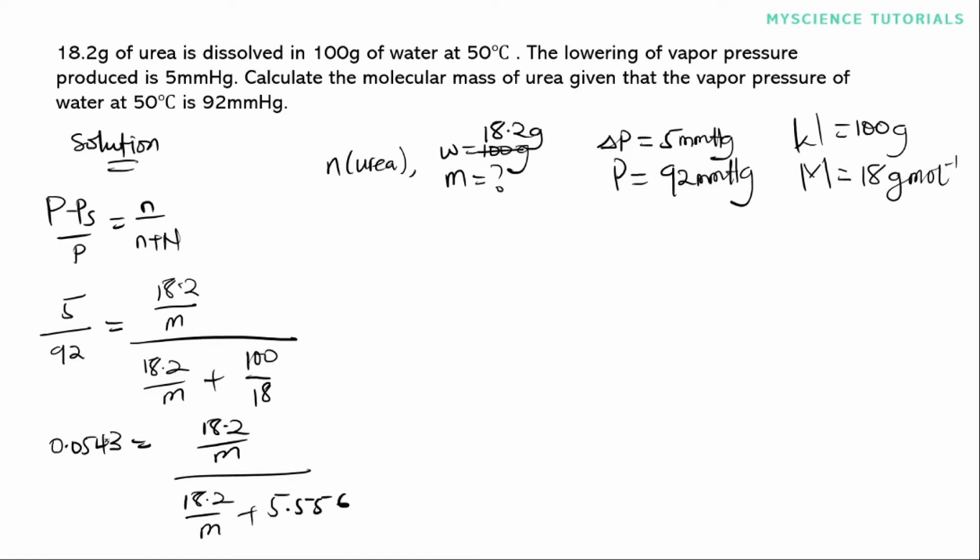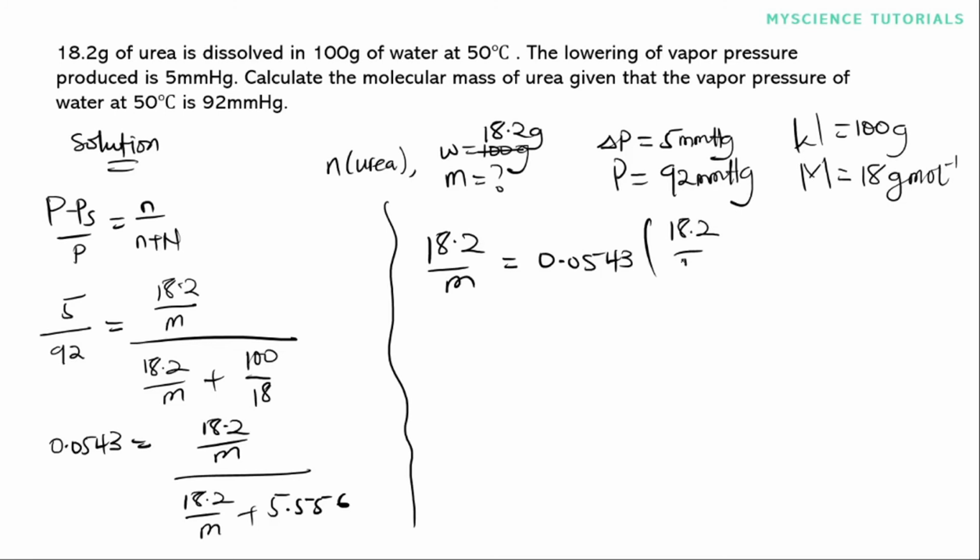All right, so if we do cross multiplication, we are going to get 18.2 on m equal to this multiplied by this, so we have 0.0543 into bracket 18.2 on m plus 5.556. All right, so we have 18.2 on m equal to, if you multiply this by this, we get what?